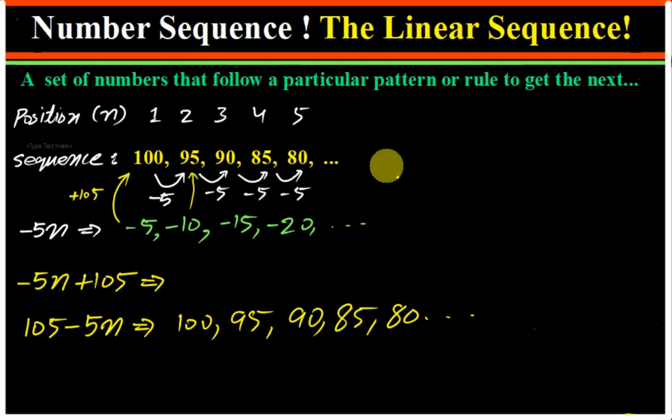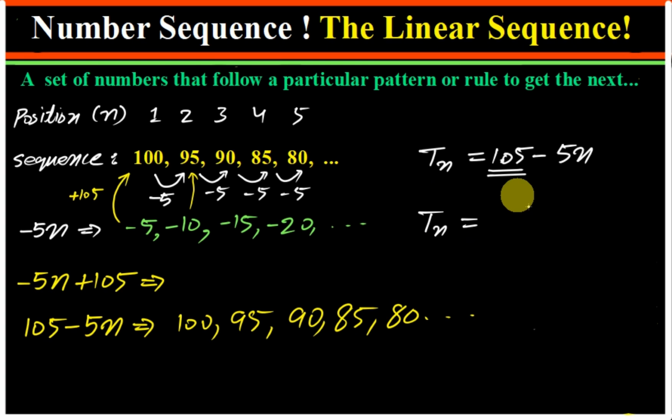So we can write it here: position to term rule or nth term Tn is equal to 105 minus 5n. If the sequence is decreasing, then the multiple will be subtracted from some constant number, and if the sequence is increasing, then for the nth term that multiple will be added to some constant term.